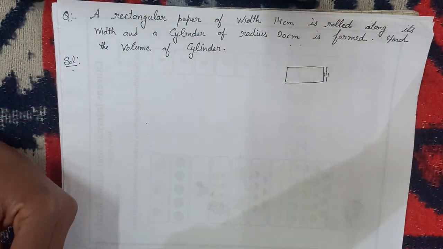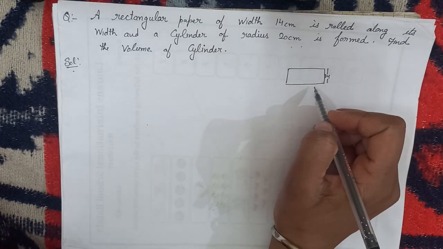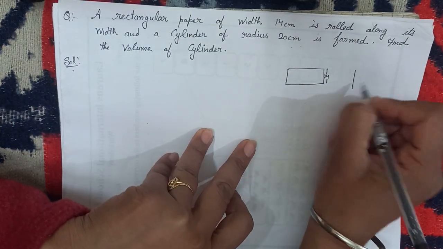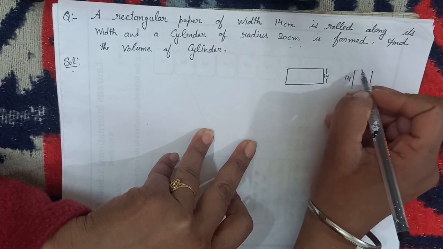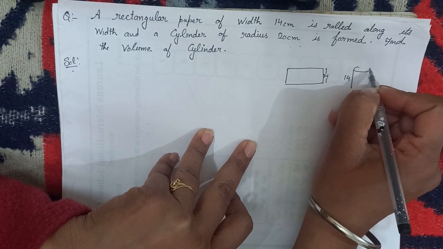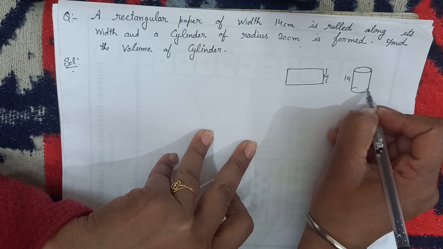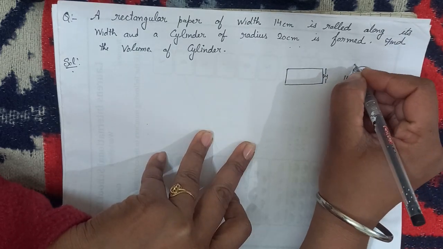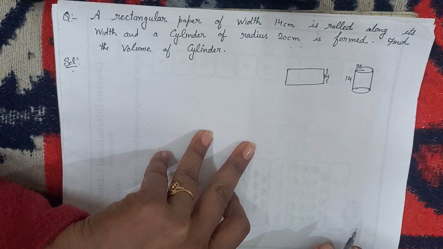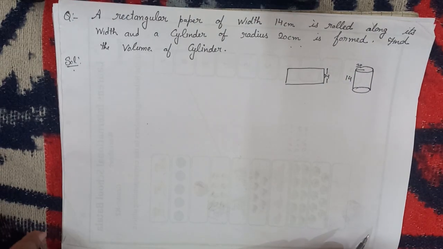So in the same way the width is given and that equals the height, and the length becomes the circumference of the cylinder. Now they have given us the radius, which is 20 centimeters, so we have to find the volume.